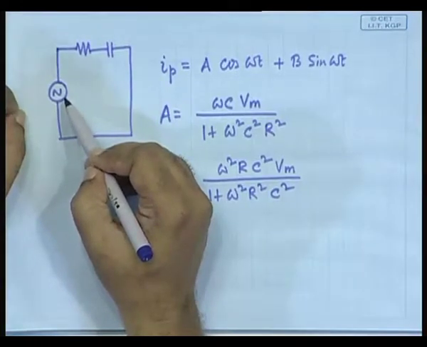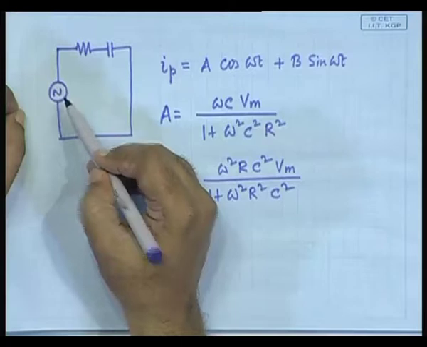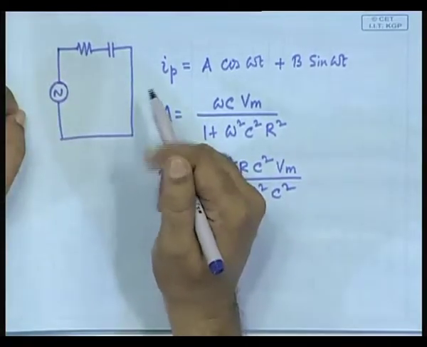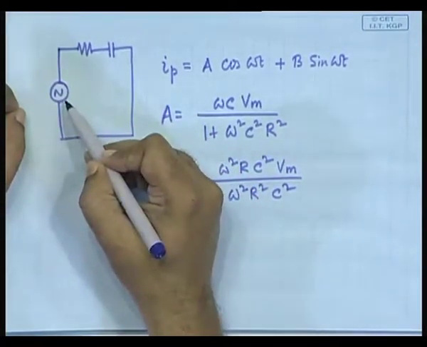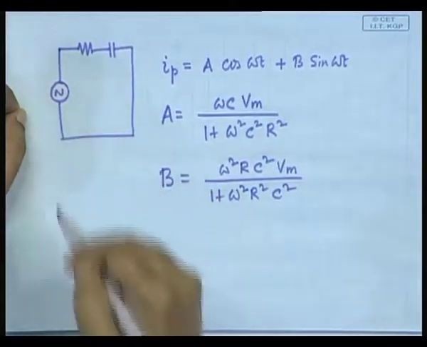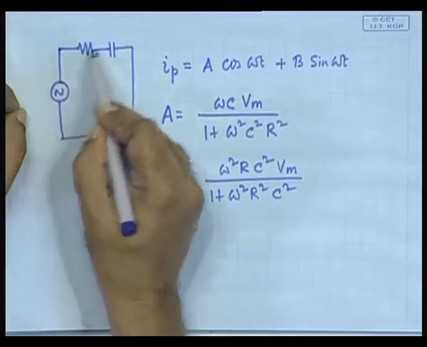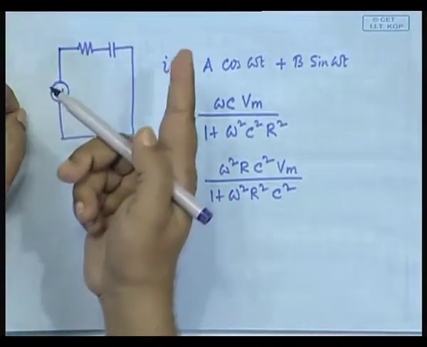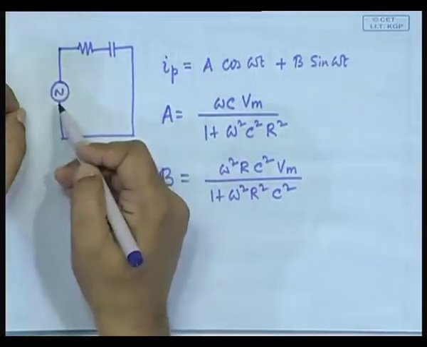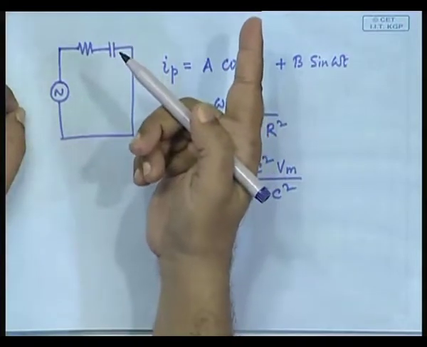It depends on the phase. You cannot say that something is the applied voltage. The applied voltage could be 0 if it passes through 0 at the instant of switching on. If the applied voltage initially is 0, then the current is also 0. If it is not 0, then the current is not 0. Fine.